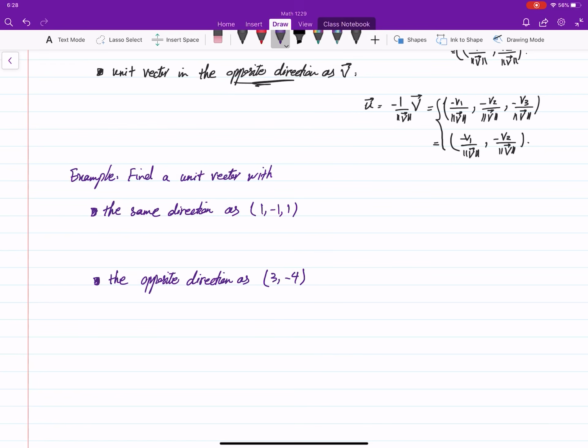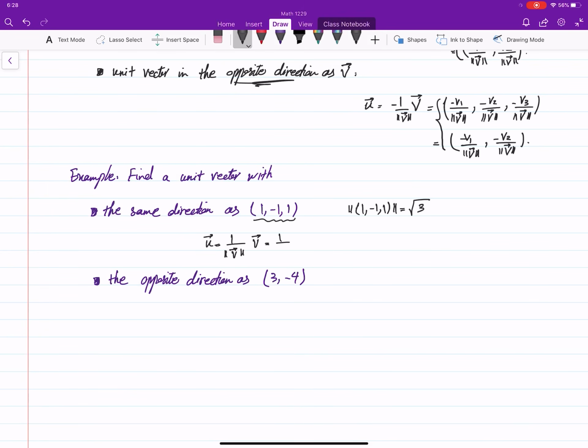Well, okay, let's do this example. The first part is that this is our vector v. We have to find the vector u, which is a unit vector and has the same direction. What should we do? We have to find first the length of v and then multiply it by v. So the length of v is what we need to find. We did it in the previous example. It was root 3.